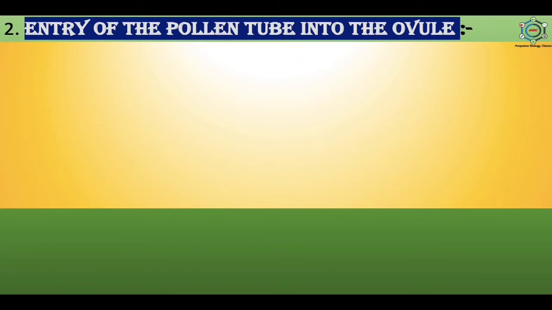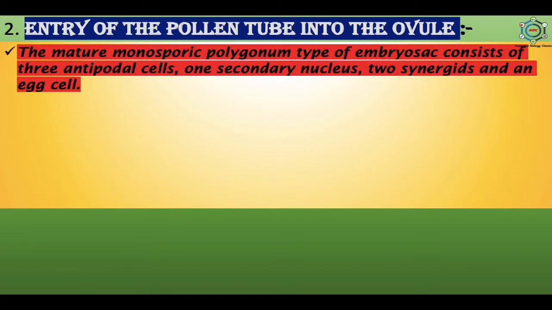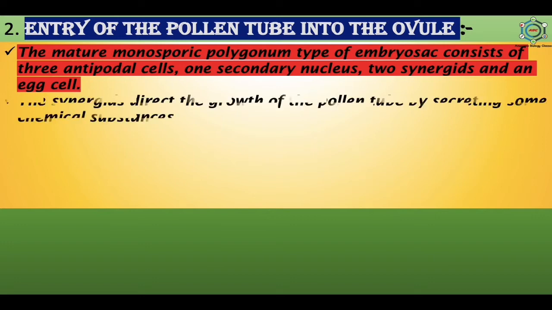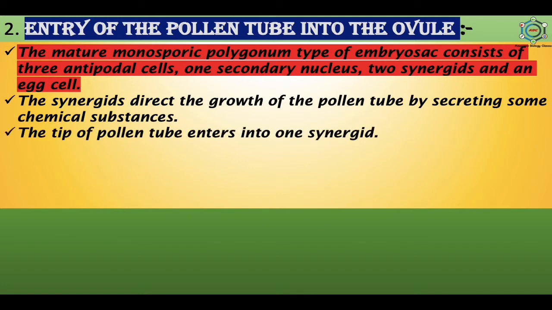After that, now the second step, that is the entry of the pollen tube into the ovule. The mature monosporic polygonum type of embryo sac consists of 3 antipodal cells, one secondary nucleus, 2 synergids and an egg cell. The synergids direct the growth of the pollen tube by secreting some chemical substances.